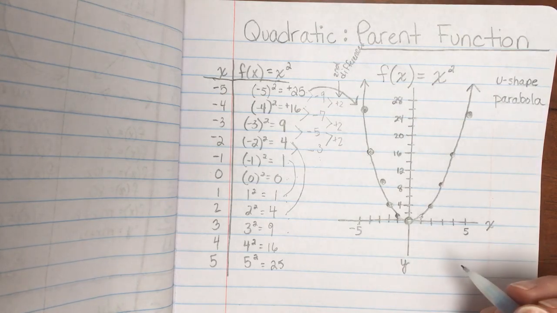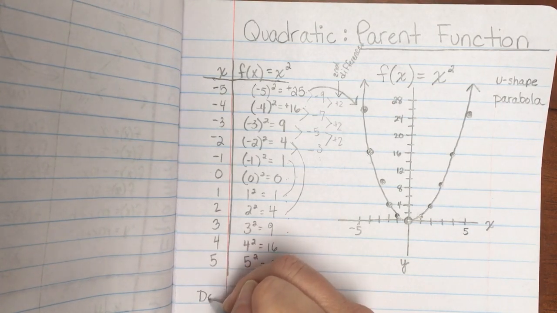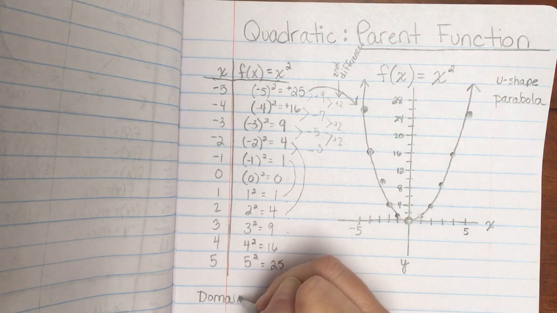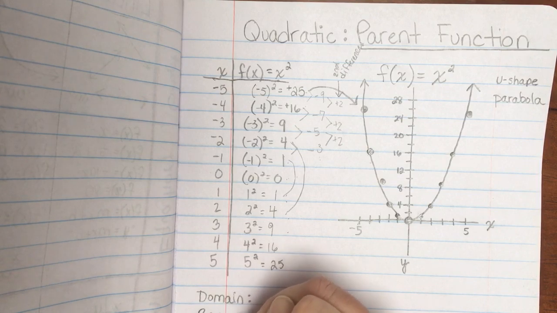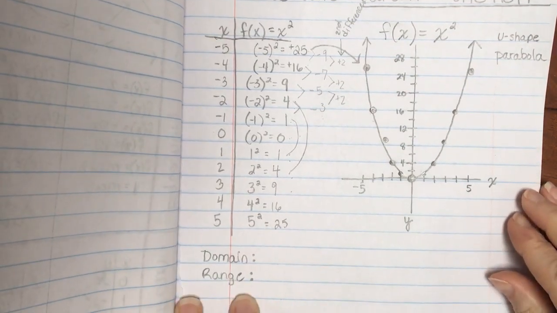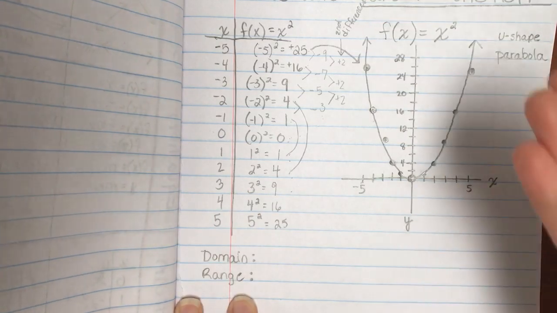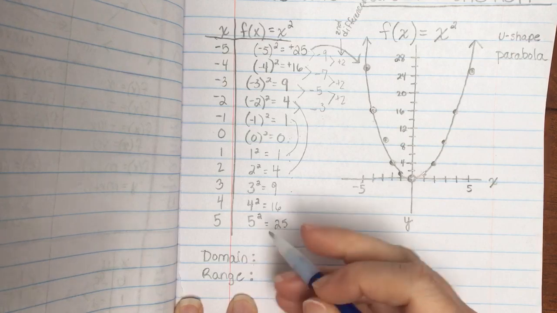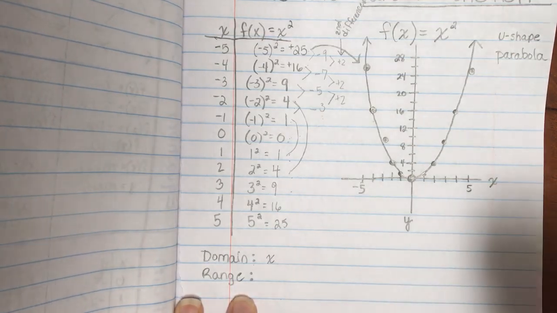Let's talk about the domain. Domain and range. So the domain and range you can get by looking at the graph or the table or the function. Domain refers to your x values. So think about your inputs.